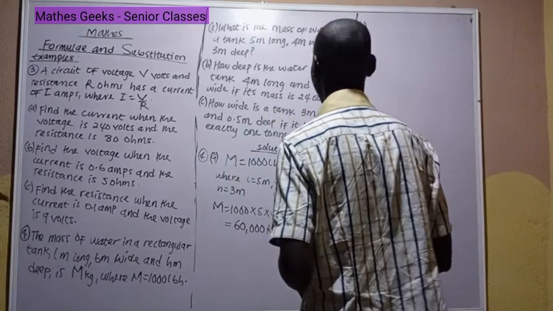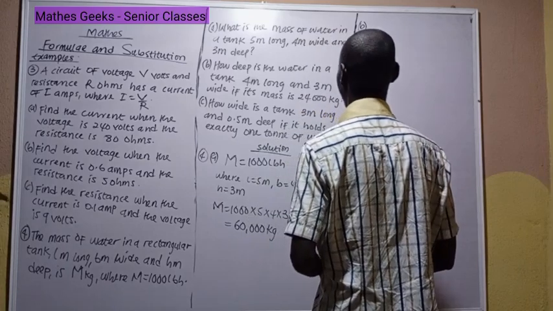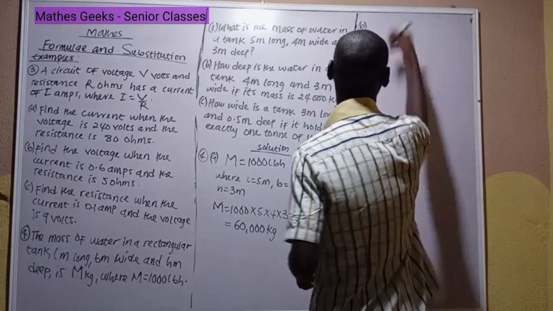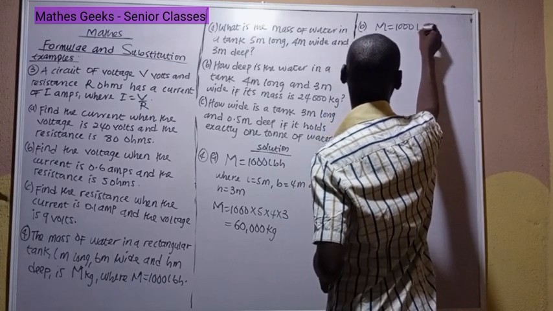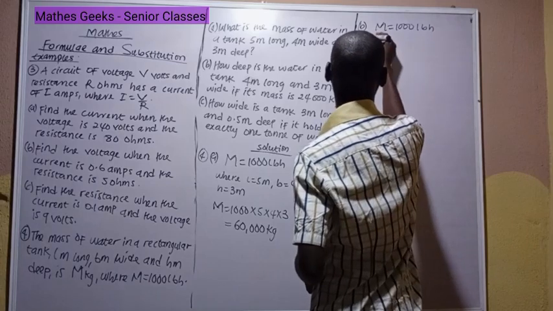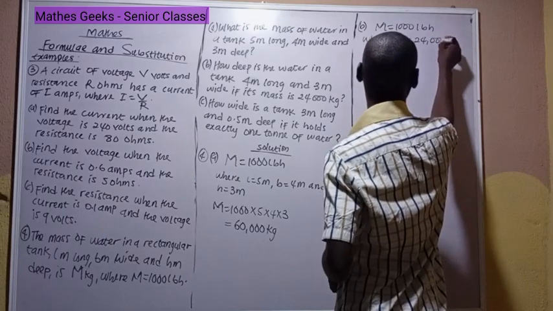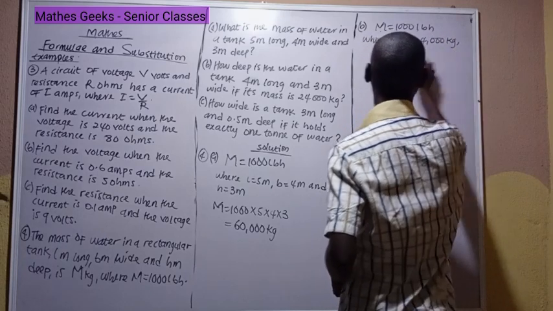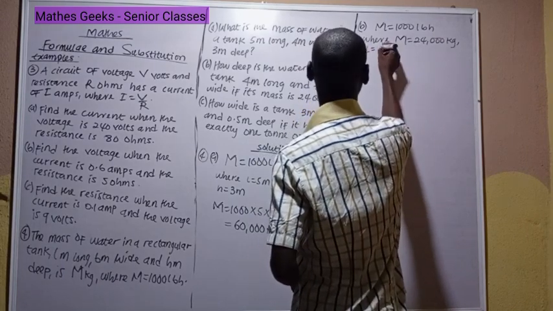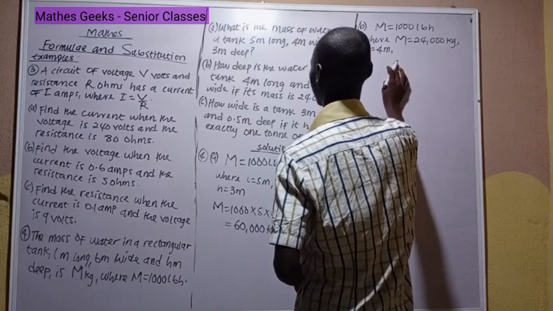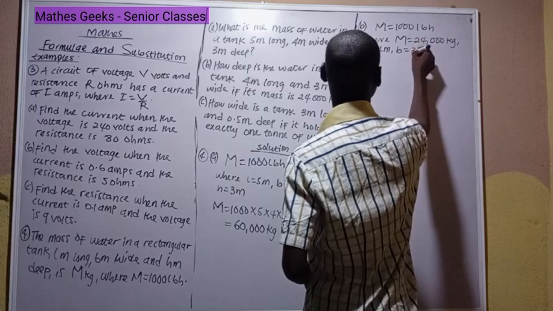B. How deep is the water in a tank 4 meters long and 3 meters wide if its mass is 24,000 kilograms? So our formula is M is equal to 1000 lbh, where first of all our mass is 24,000 kilograms, the length L is 4 meters, and the breadth, which is the width, is 3 meters.